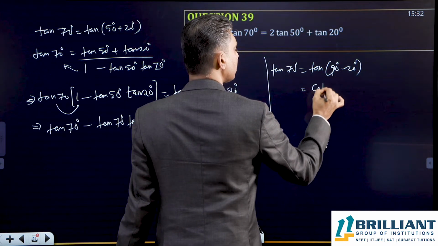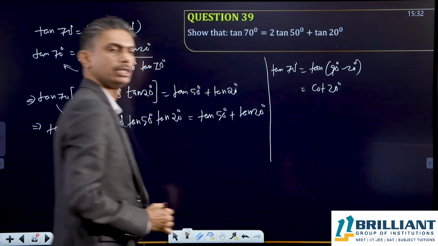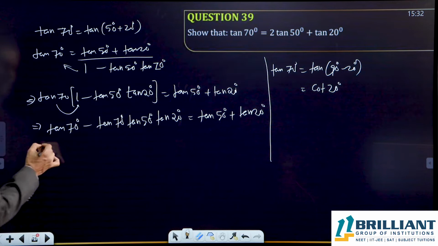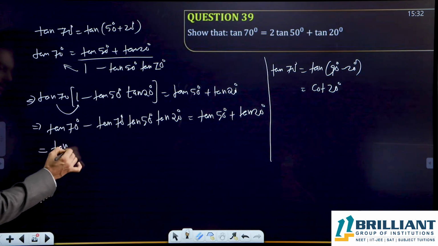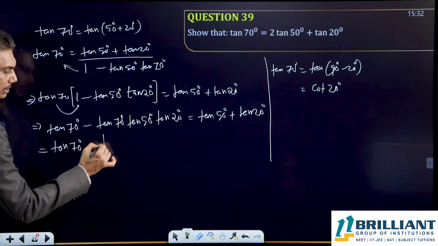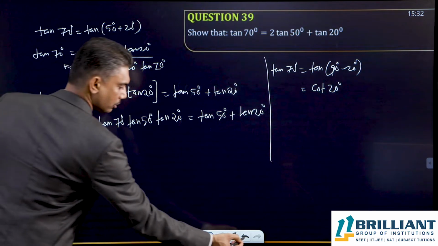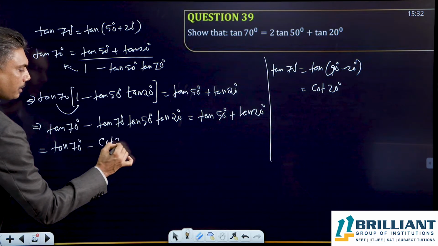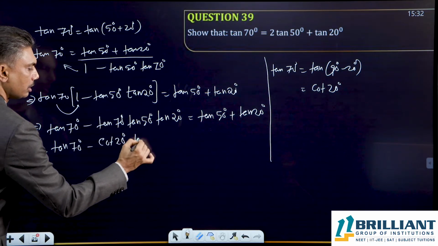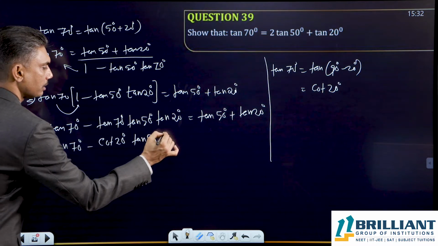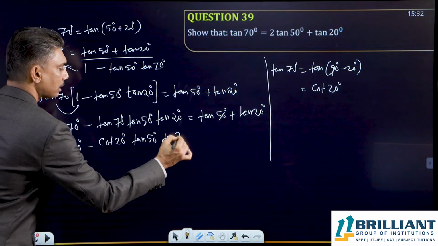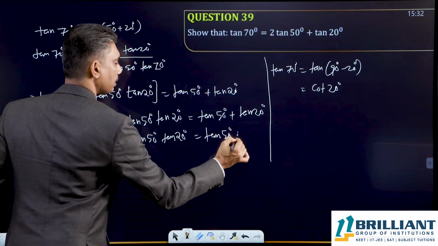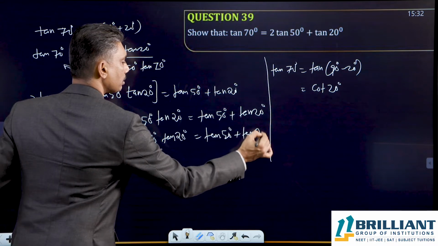Tan 90 minus theta is cot theta, so tan 70 is actually cot 20. So I can rewrite this: tan 70 I am not cancelling, minus this I will rewrite as cot 20 into tan 50 into tan 20 equal to tan 50 plus tan 20.